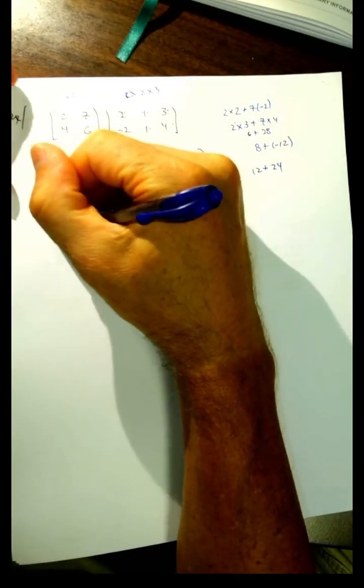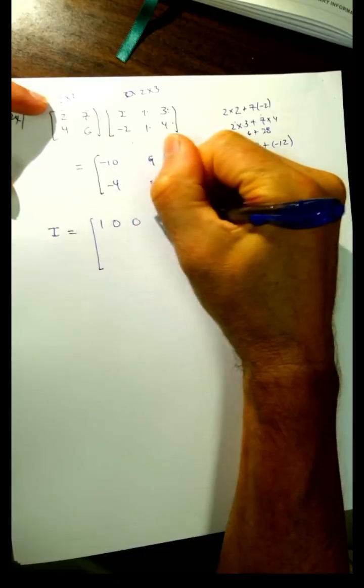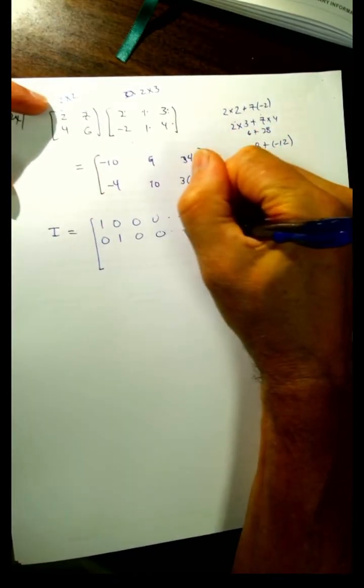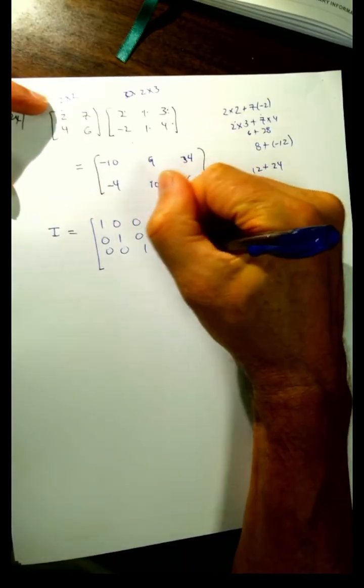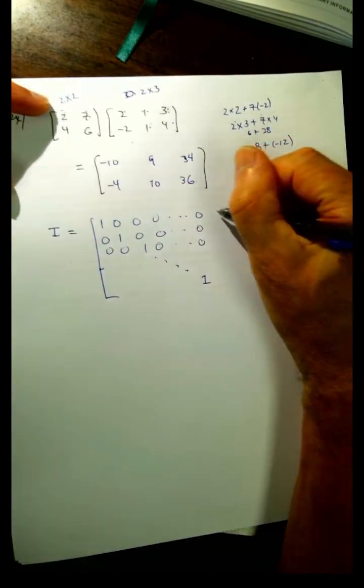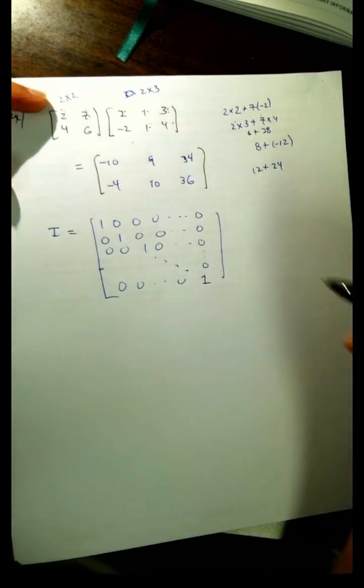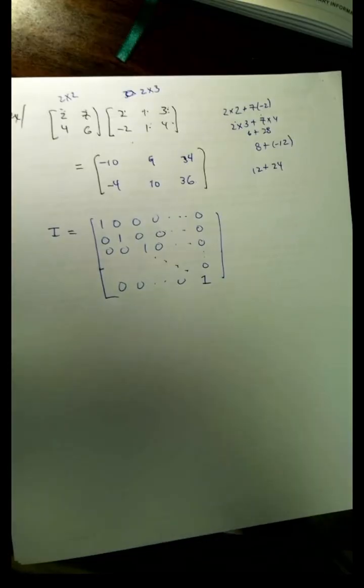Now, notice there's going to be a special matrix. And this special matrix is going to have all zeros on it, except the diagonals, and the diagonal entries are all 1s.